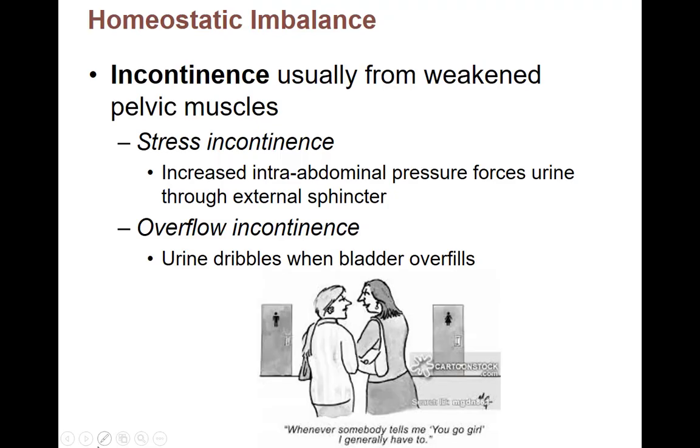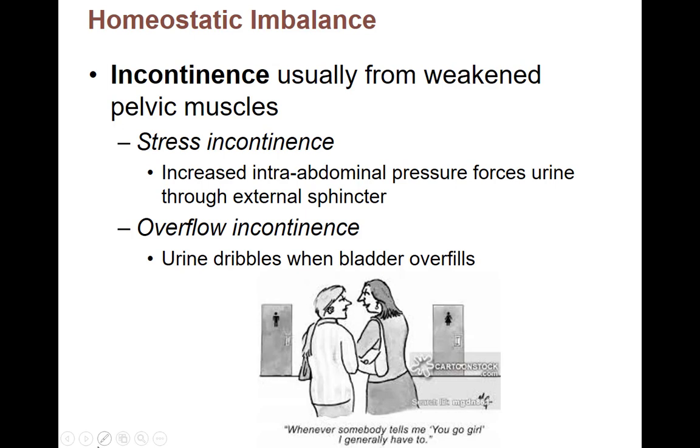Now there's two types of incontinence. The first one is the most common. It's called stress incontinence. Any type of pressure increase in your abdominal area may cause urine to leak out, because you can't consciously hold that external urinary sphincter.